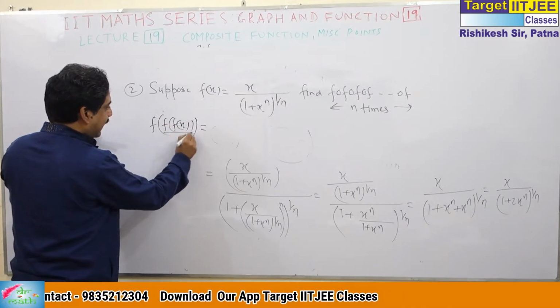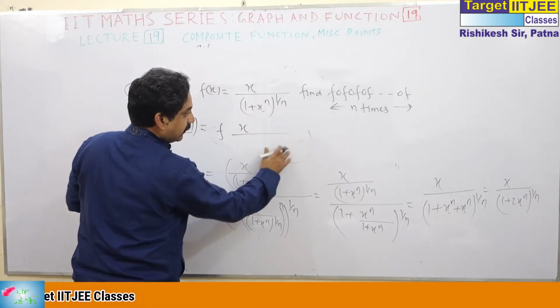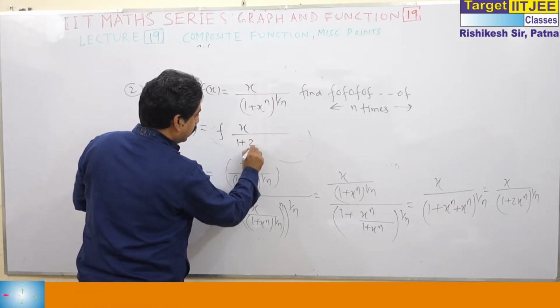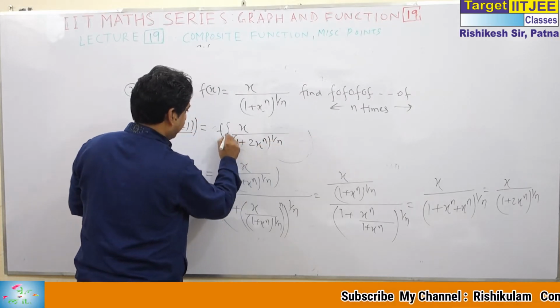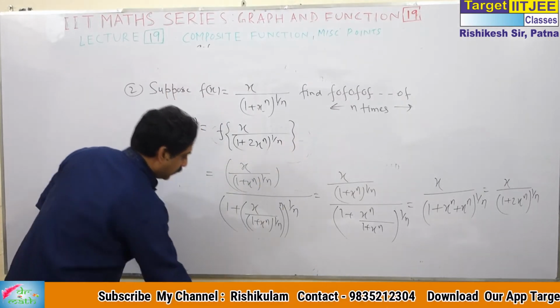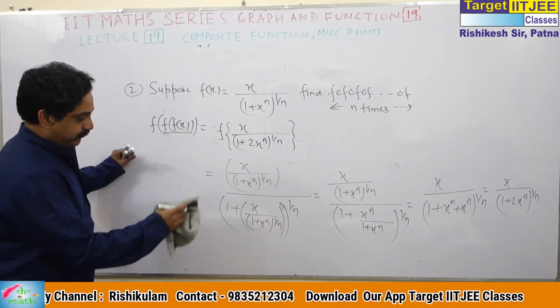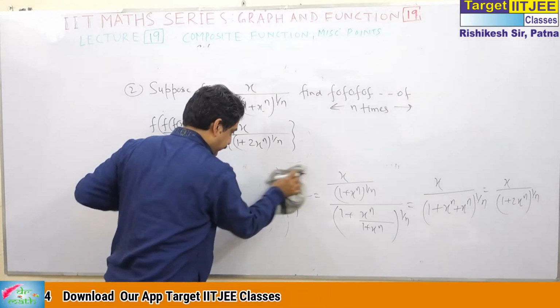I have done this: f of f(x) is x by (1 plus 2x to the power n) to the power 1 by n. Now, what do I have to do? Let me erase this one. What do I have to do now?